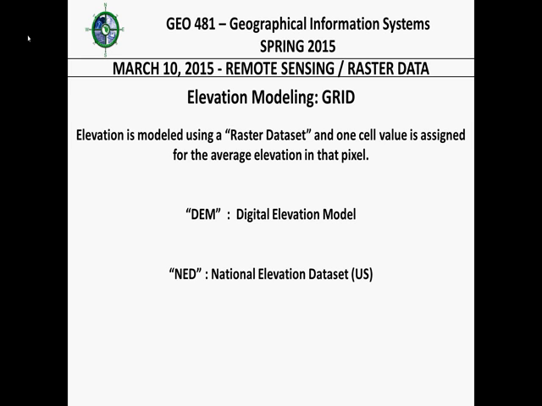Now in the United States, the data set is referred to as an NED, or National Elevation Data Set. You can download these for a wide part of the U.S., and there's a website, ned.usgs.gov, National Elevation Data Set.